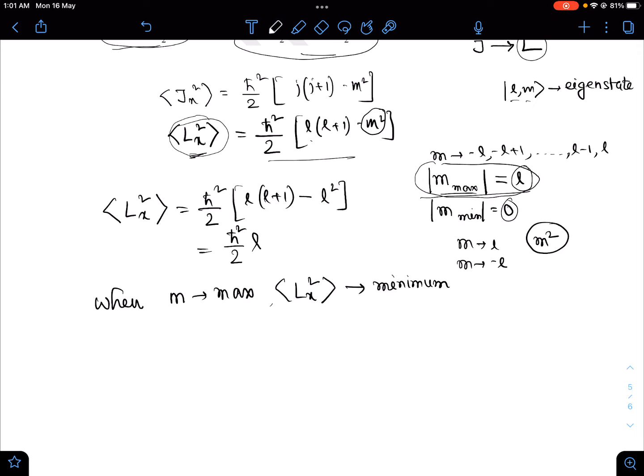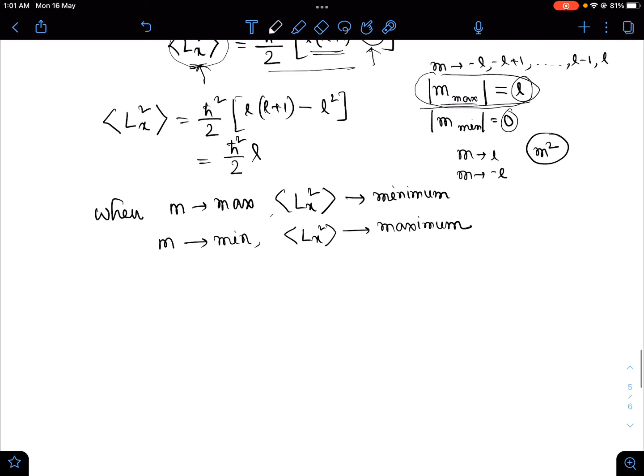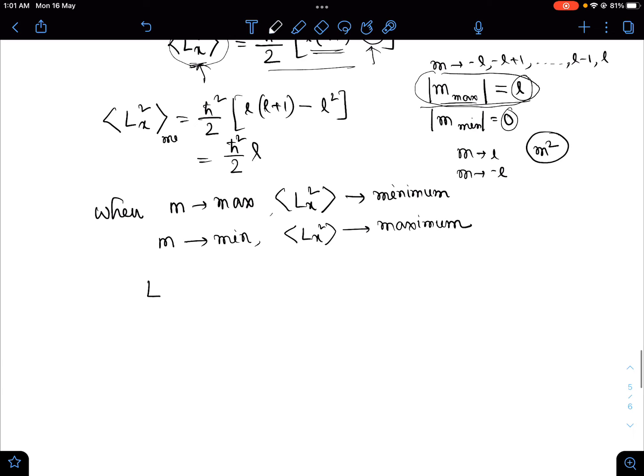You can easily understand this, because there is a minus sign, so the greater this value, the lower the result. And when m is minimum, then Lx squared is maximum. So this is our minimum value.